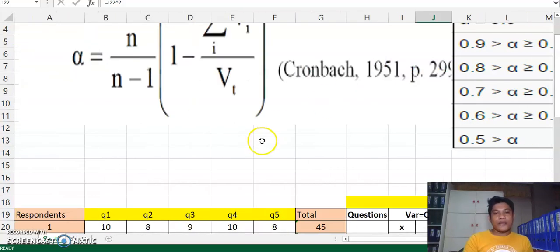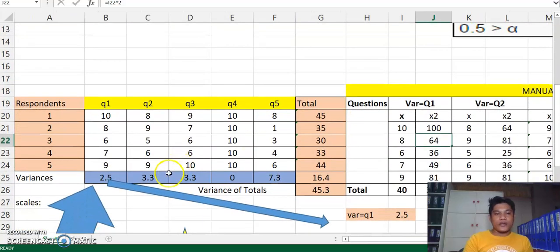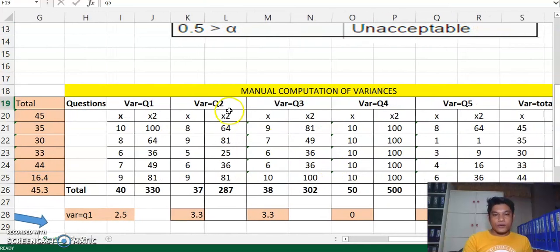So you have to repeat that in question number 2. In the same manner, you square every x, then get the sum and put it in the formula. You finish that in question number 2, question number 3, question number 4, and question number 5. So if you look at your manual computations, there are 5 variances, one for each question.